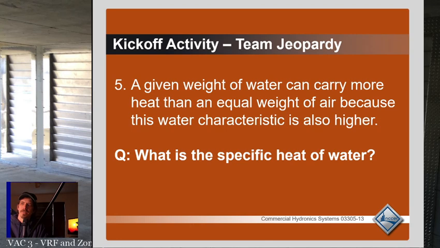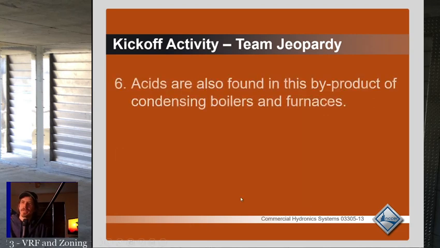Okay, so water has more mass than air. And, you know, I'm not a physicist, so maybe I'm saying this wrong, but this is how I think about it. Because that mass is greater, it can hold more heat per unit, right? The water is going to be able to carry more BTUs per cubic foot than a cubic foot of air is going to be able to. So that's how I think about that.